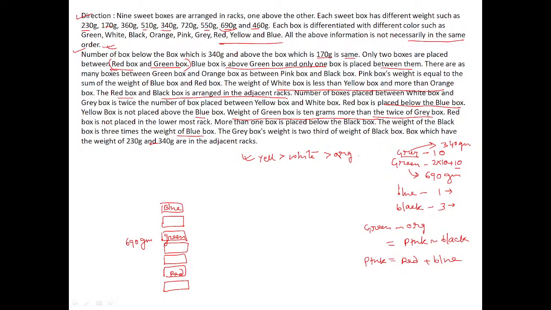So now we are moving to our possibility case. Here it's blue, here it's green, here it's red, and we have already encountered that red is not the lowermost, so there should be at least one box.